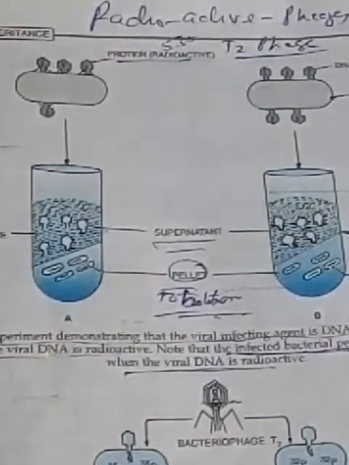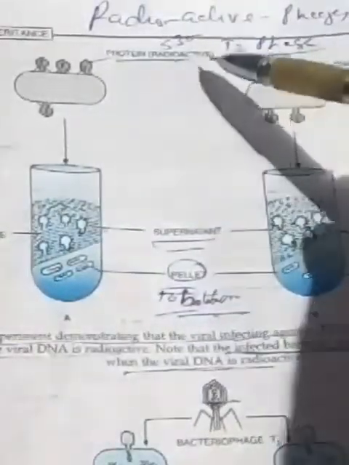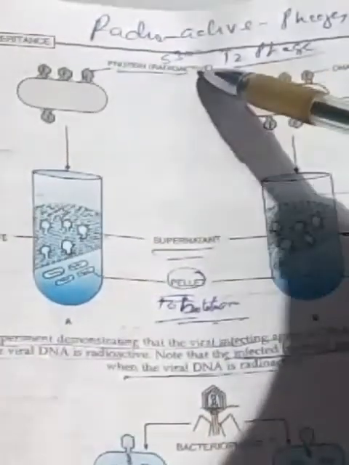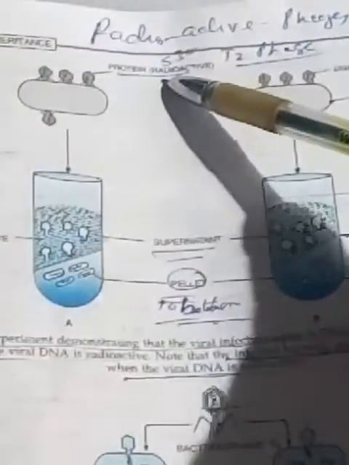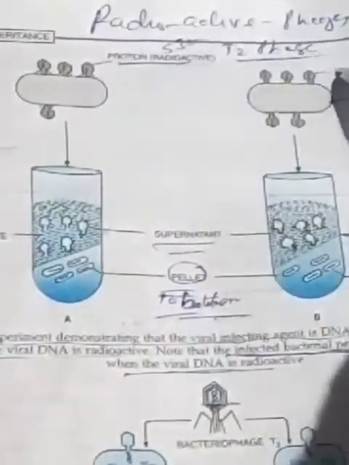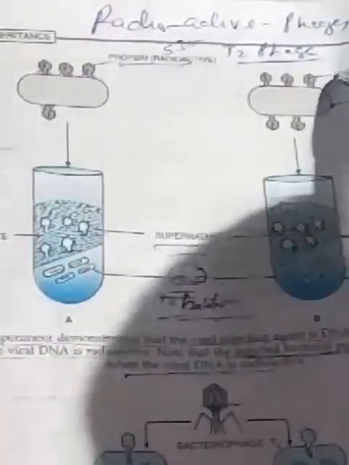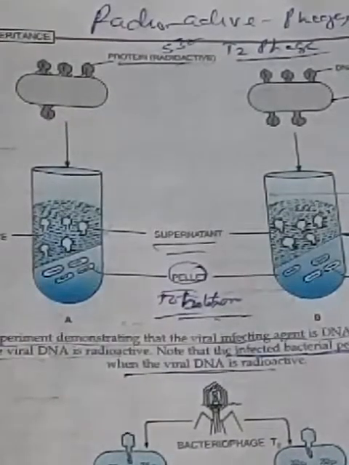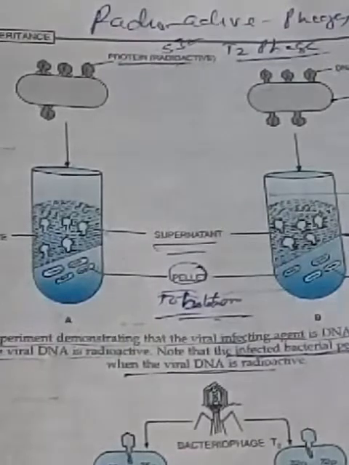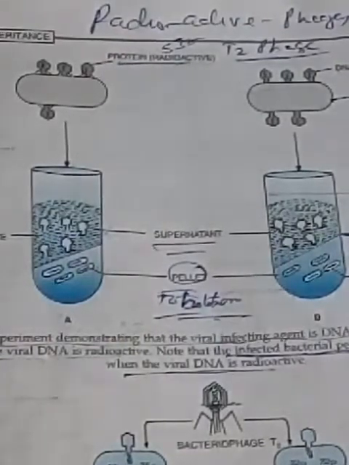He took two cultures, and in one culture he made the T2 bacteriophage with radioactive sulfur. It means the protein coat was radioactive. In the second case, the phage DNA was made radioactive with P32. I mean two sets of bacteriophage, two sets of virus.